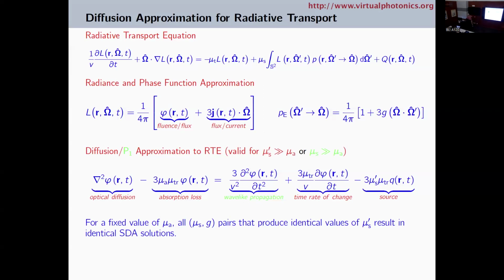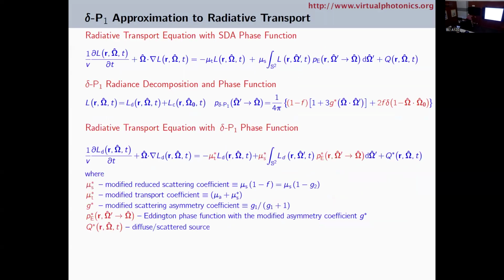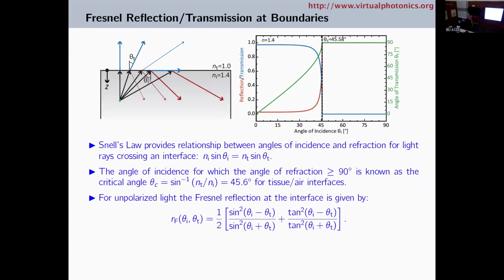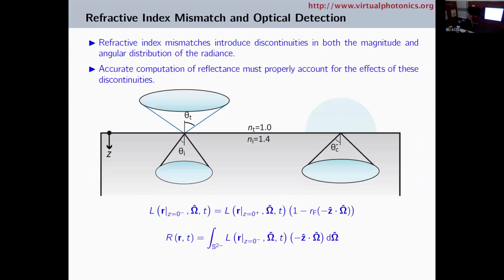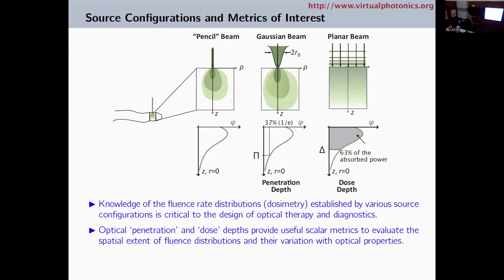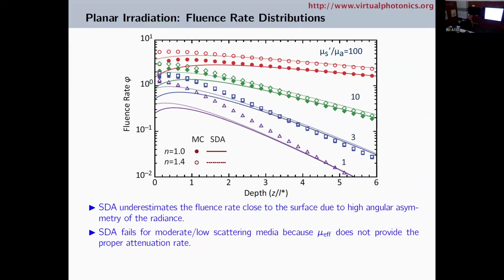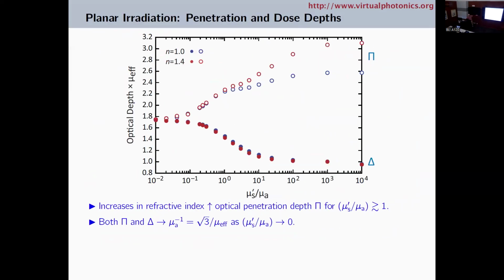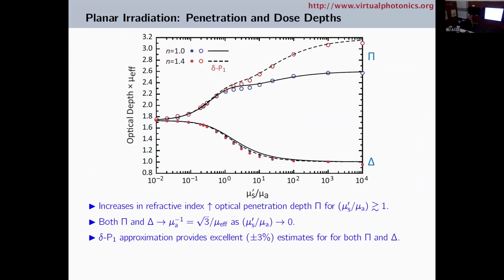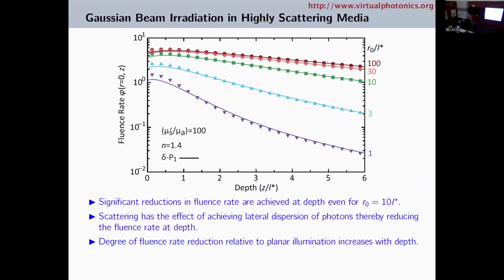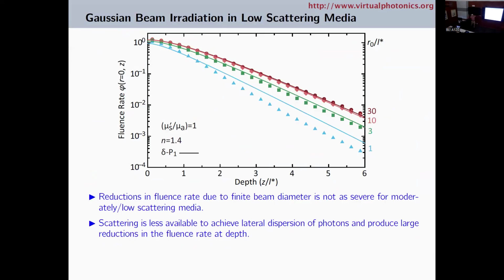Okay. The more nuanced answer to this question is the fact that delta P1 still doesn't do that great when you have a very narrow beam, and you can kind of see that from the Gaussian results, because in the Gaussian results you see that for smaller beam diameters you start to see a breakdown. This is in low scattering medium.